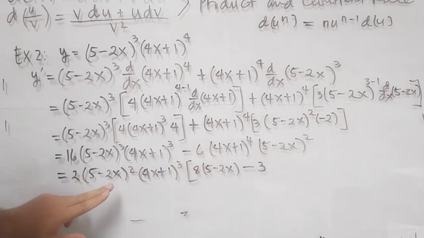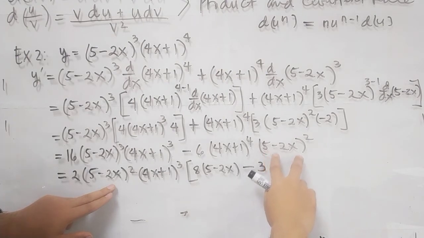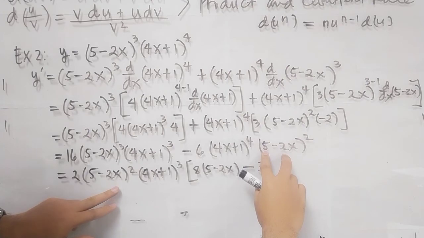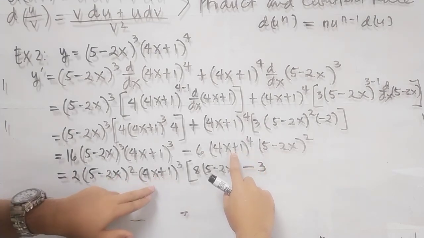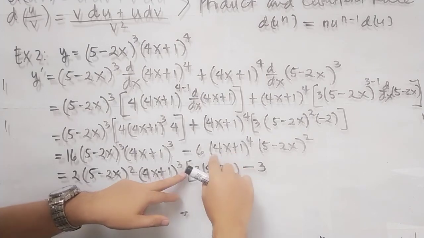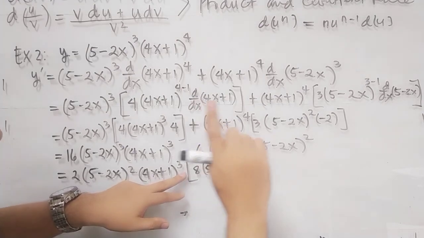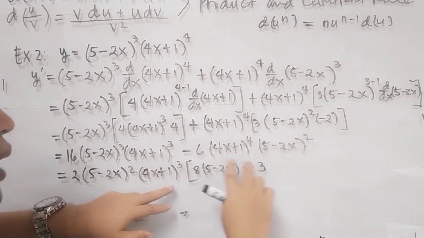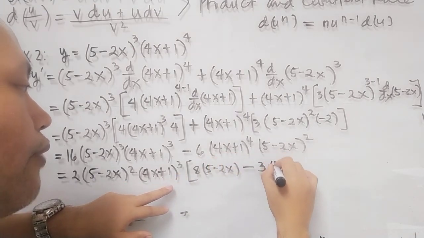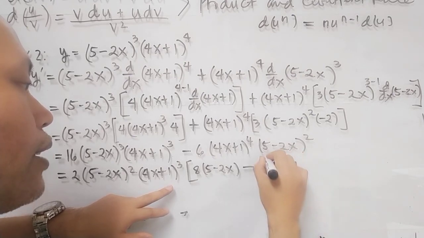Okay? Now, how about this one? 5 minus 2x raised to 2, and then 5 minus 2x raised to 2. So you need not divide. If you divide this one, it is equivalent to 1. So you need not write again 5 minus 2x because that is your factor here. And then, how about this one? We have 4x plus 1 raised to 3, and this one is raised to 4. So we have one factor that remains here, so we must write 4x plus 1.